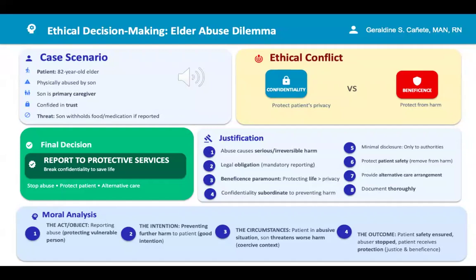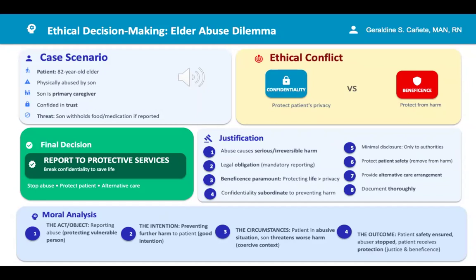And yes, we have a direct conflict between confidentiality and beneficence. The patient has a right to have their information kept private, but you also have a duty to protect them from harm. Now, how do you balance these two competing principles when the patient's safety is at risk? Quite a challenge, huh?